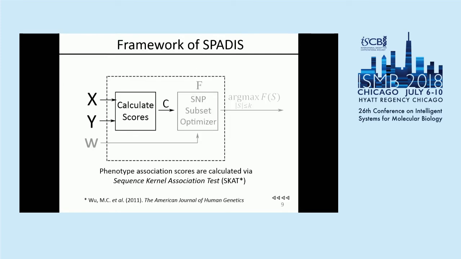SPADIS operates with a 2-step approach. In the first step, a phenotype association score is calculated for each SNP by using the genotype and the phenotype data. We calculate it using the sequence kernel association test, or simply SKAT.